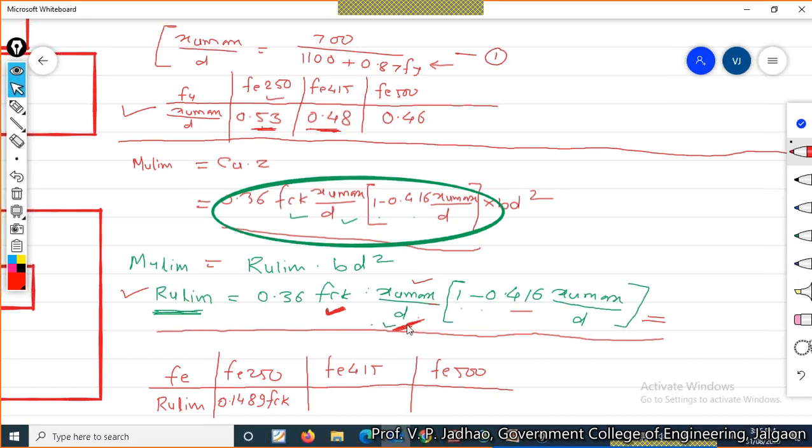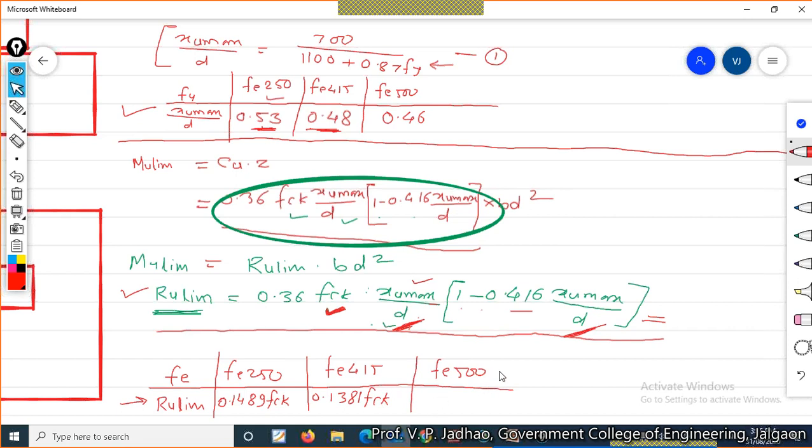Just put this value in the equation, and for Fe 415 we get the value of Ru limiting equal to 0.1381 into fck.